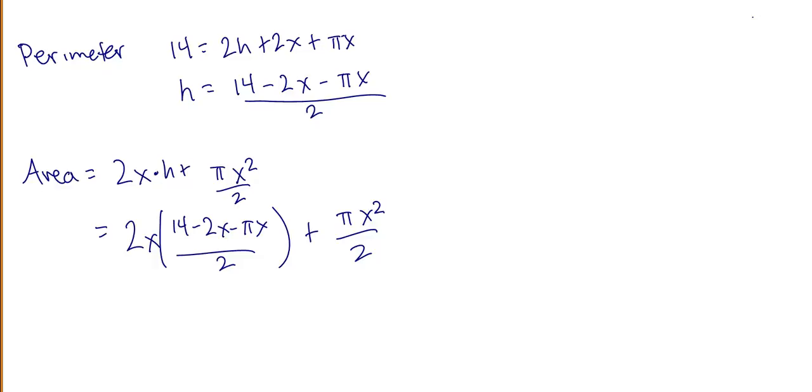Now you can simplify this to varying degrees. I'm not going to try and factor out this pi and the 2 and try and factor out the x. That makes it more complicated for me, but I am going to expand and multiply the x through so I can take the derivative easily. So my 2's cancel, and I have 14x minus 2x squared minus pi x squared plus pi x squared over 2.